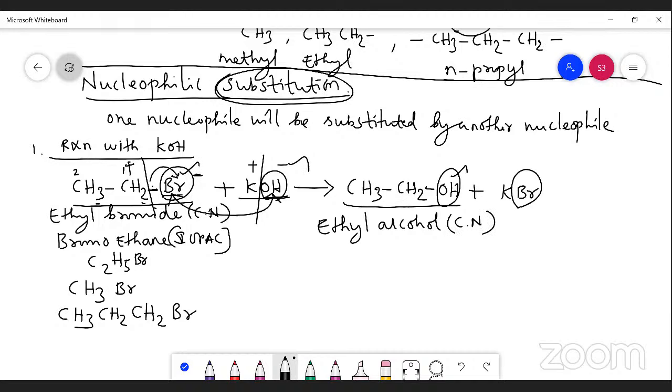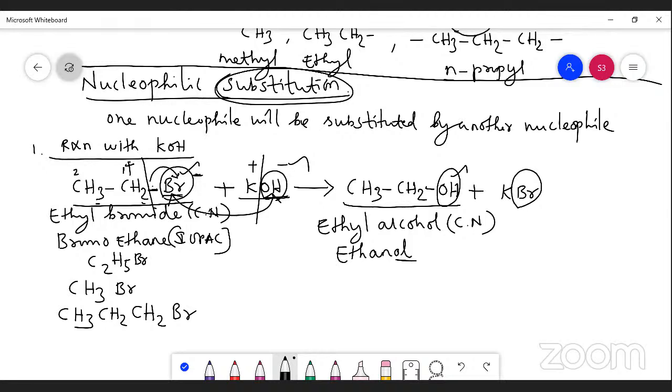And let me give the IUPAC name also. The IUPAC name is ethanol, because 2 carbons is ethane and the possible functional group is OH, hydroxy, so I give the suffix ol. So the common name for the compound is ethyl alcohol and the IUPAC name is ethanol.